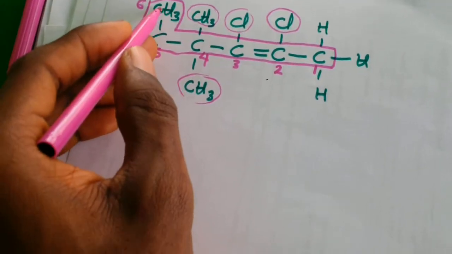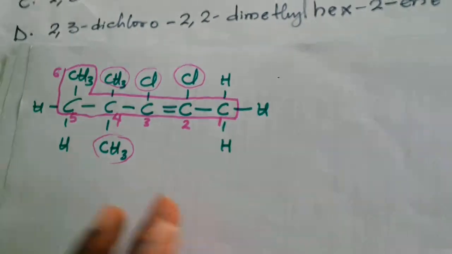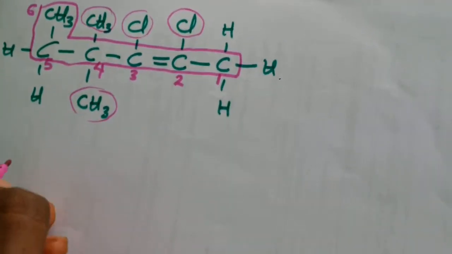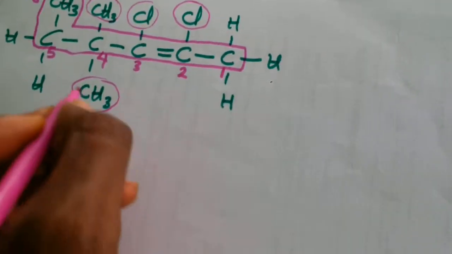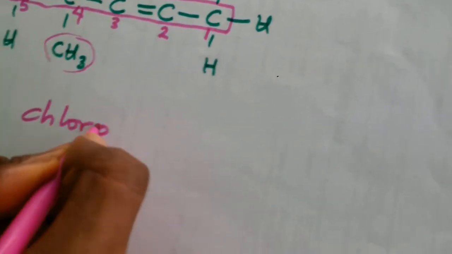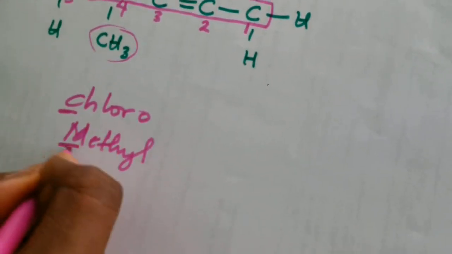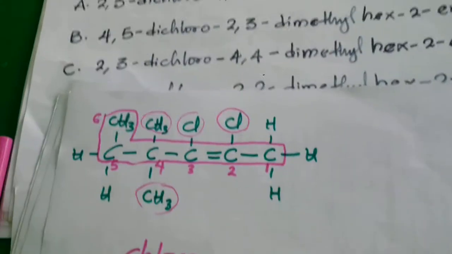And mind you, this is not part of the substituent. It's part of the longest carbon chain. We will name in alphabetical order here also, since chloro and methyl are the substituents. C comes before M in alphabetical order.